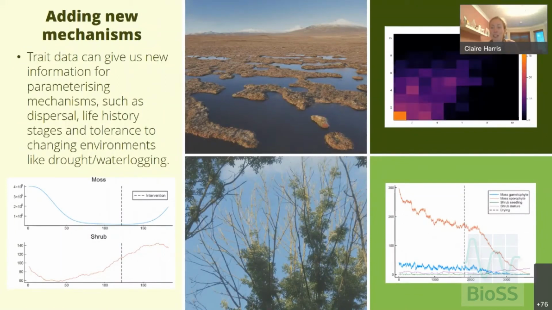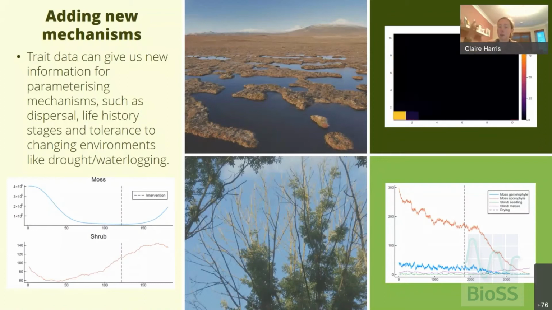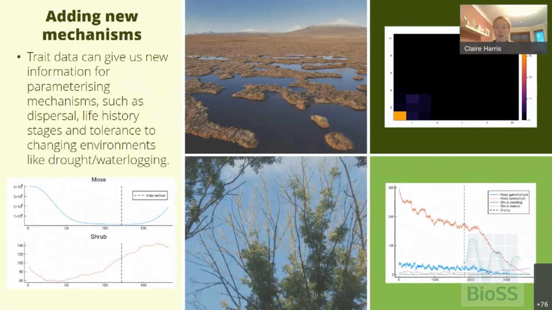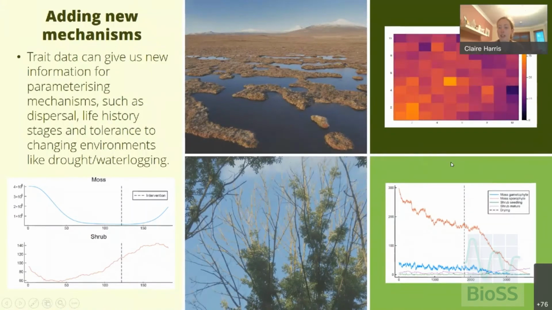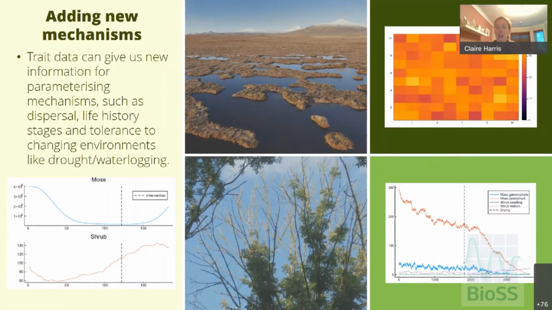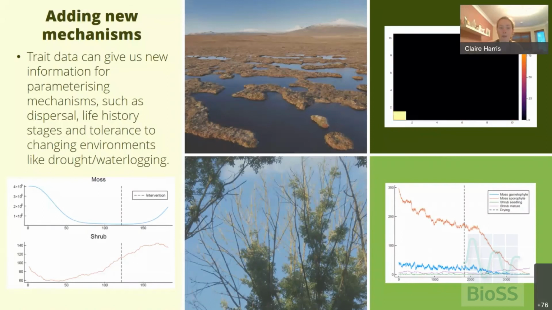And so we've been thinking about how we might start to go from, you know, a seedling to a sapling to a mature plant that can actually produce new seed for the future. And so on the bottom right, you can see a two-stage system in which the mosses have a juvenile and adult stage, and the shrubs also have a juvenile and adult stage.